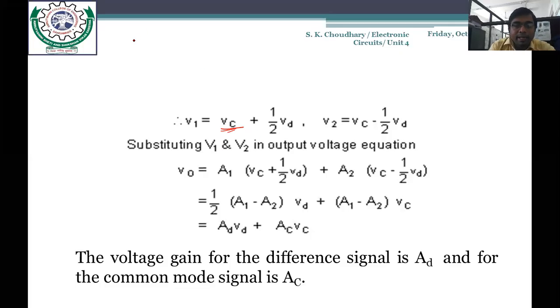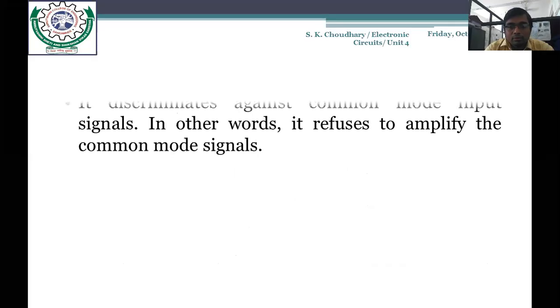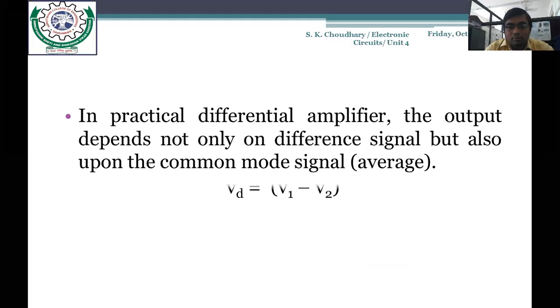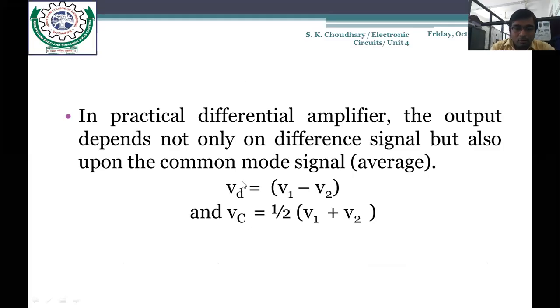So how has this become? For this you have to go to this equation. For finding out V1 and V2, you have to go for this equation. Vd is equal to V1 minus V2 and Vc is equal to V1 plus V2 upon 2.